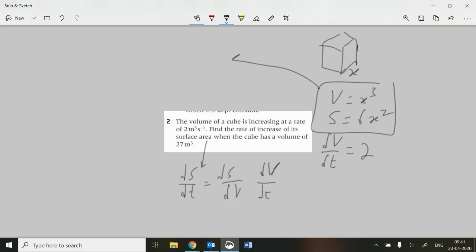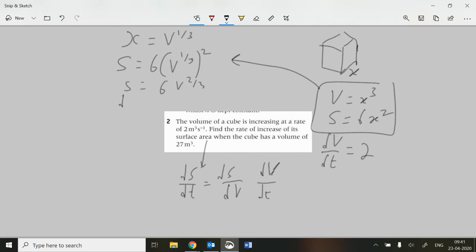To combine them, we can say x equals V cubed, cube rooted. So cube root both sides there. And then we can substitute that x into the S formula. So S is going to equal 6 times V to the third, and then squared. So that's going to give us 6V to the 2/3, that's S.